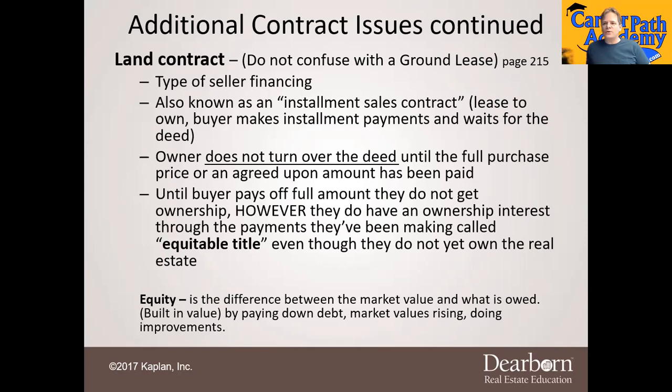A ground lease is when you lease somebody's property and you construct a building on it. Sometimes people mix that up with a land contract. So anyway, a land contract is a type of seller financing, also known as an installment sales contract, kind of like a lease to own, where the buyer makes payments in installments and they wait for the deed.